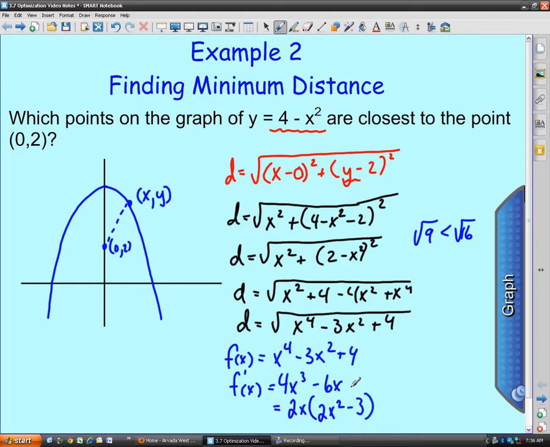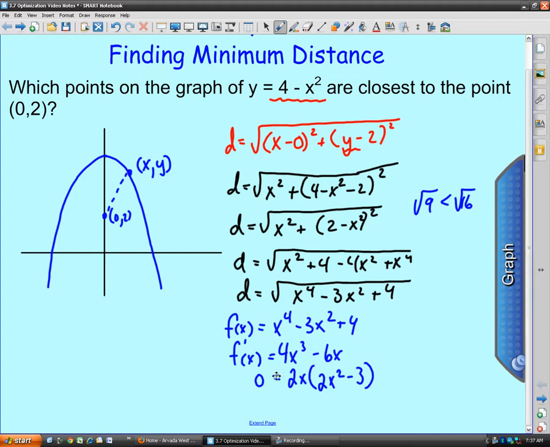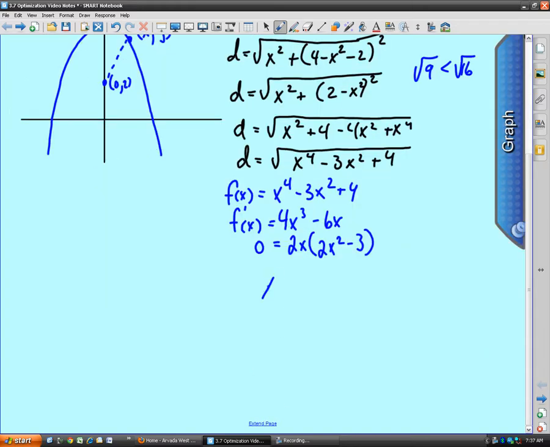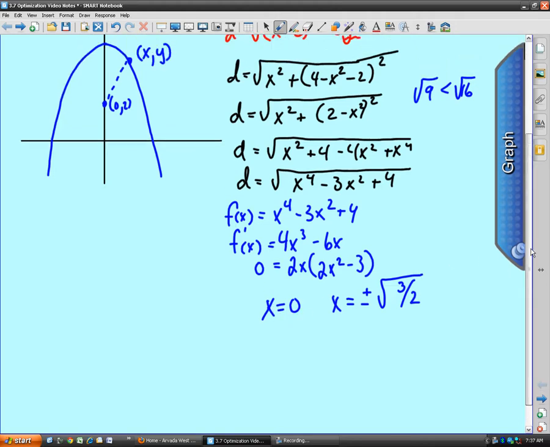Setting that equal to 0, which is really what I need to do, I can go ahead and solve this, and I know that x equals 0, or x is going to equal plus or minus the square root of 3/2. At this point, I don't know this for sure, but these are my critical numbers of this graph.